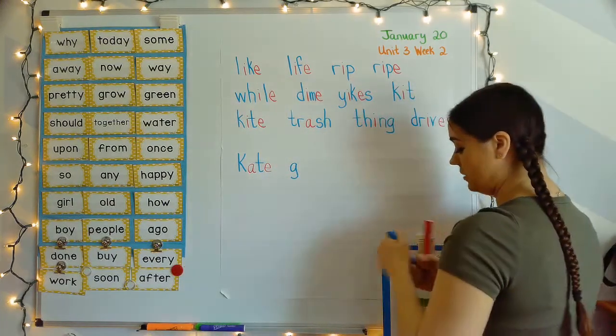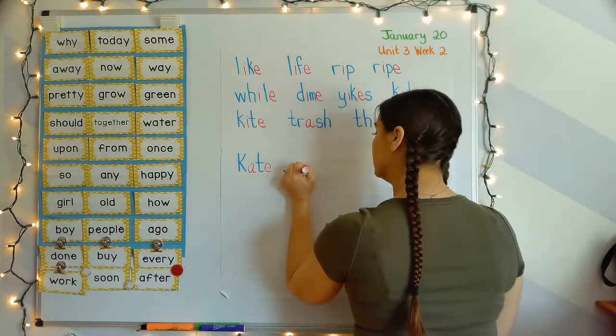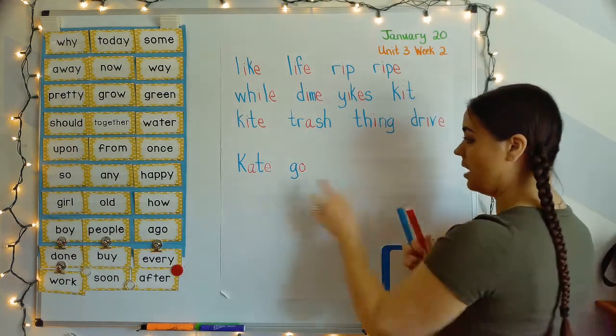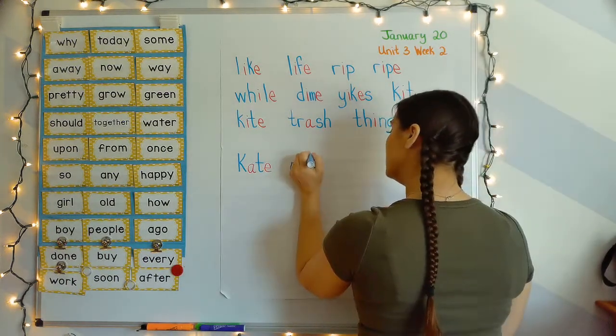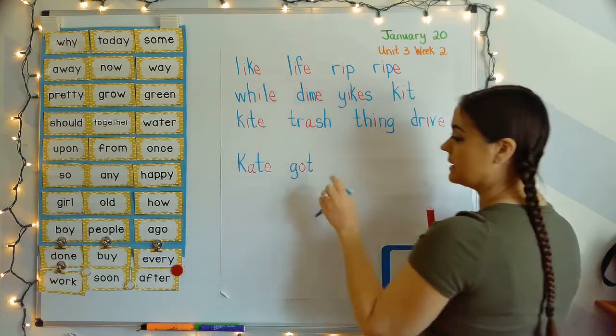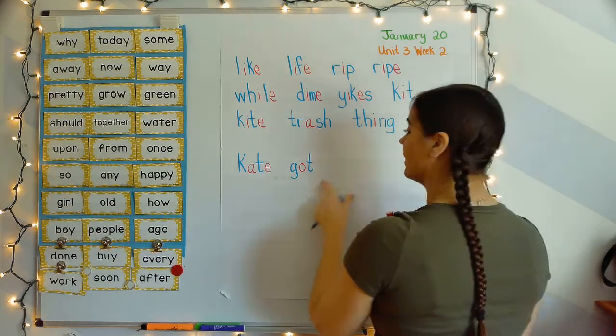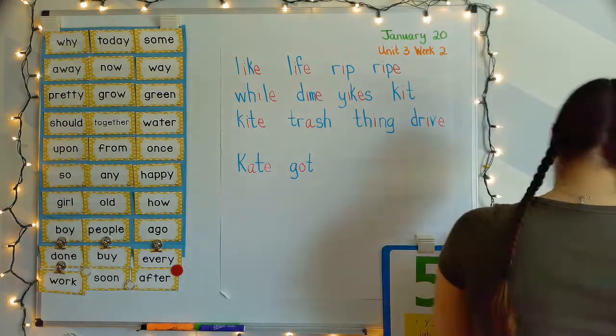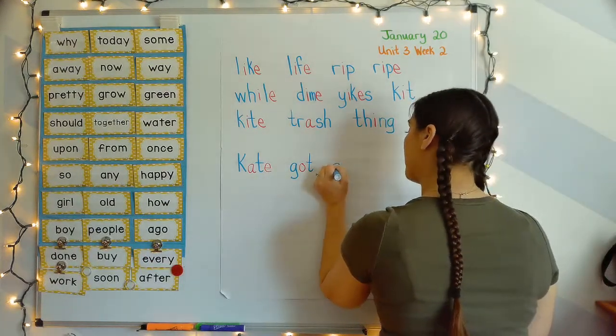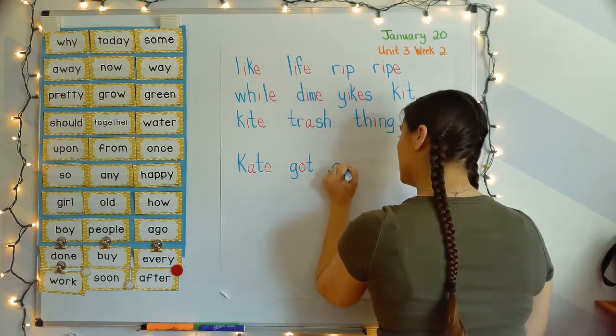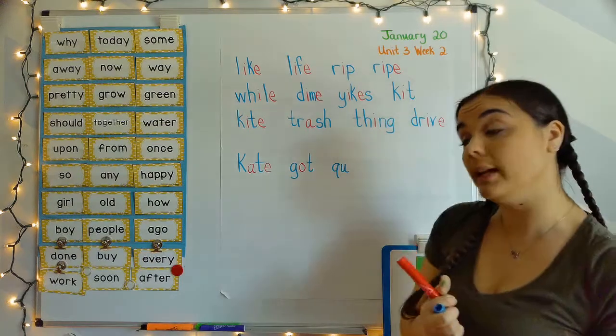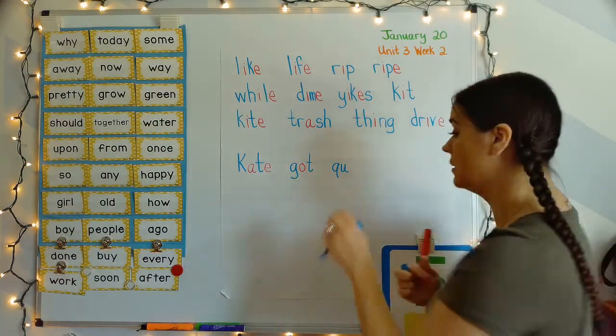G says ga. O says ga, ah. T says ta, ga, ought, got. Remember, QU, like the Queen card, says qua.